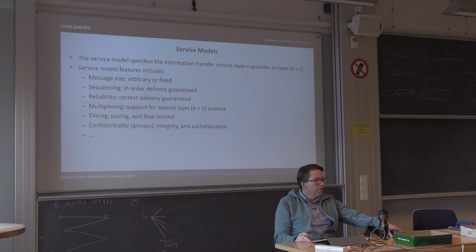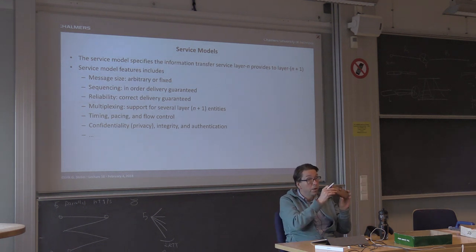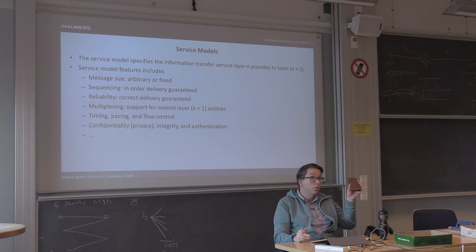So for instance, if I have a device which is limited in some way, then a server could be much more powerful in the sense that it can transmit much more data per second than this device can handle. Then the protocol must figure out what the capabilities of this device are and tailor a regular, decent amount of data per time unit for this not to be overwhelmed. So that's called flow control.